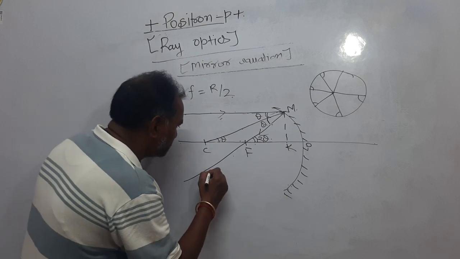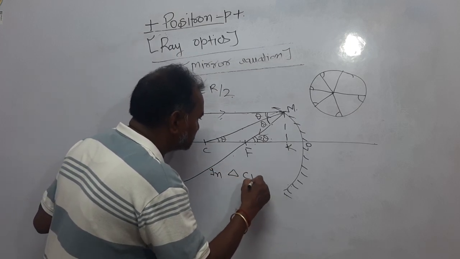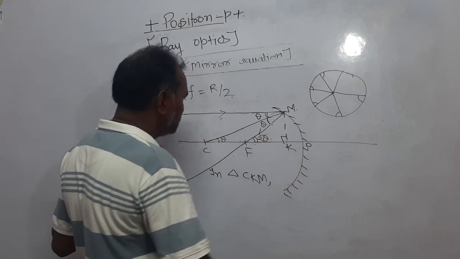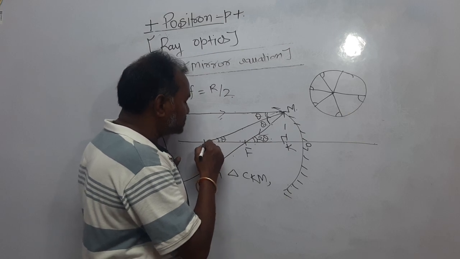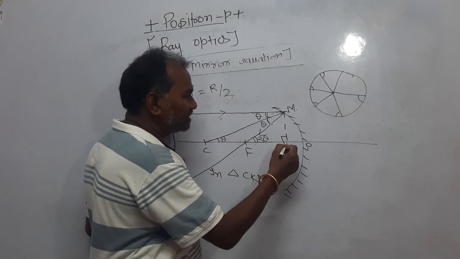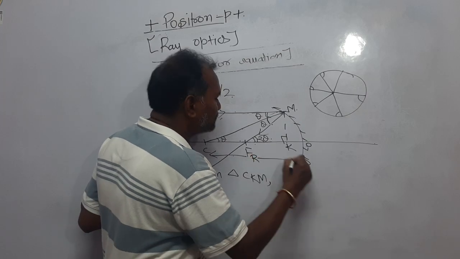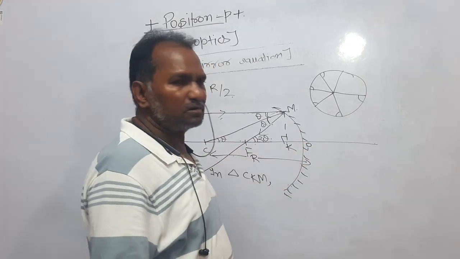In triangle CKM, this is 90 degrees. The distance between the center of curvature and K, we can take as R, since K is very close to P. Actually it is so.